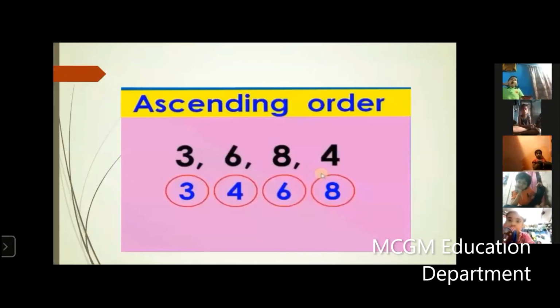Here, one example is done of ascending order, that is 3, 6, 8, 4. And these numbers are arranged in ascending order. First 3, then 4, 6, 8. Okay, that is ascending order from smaller to bigger. Now, this example you will have to solve. You have to arrange these numbers in descending order.